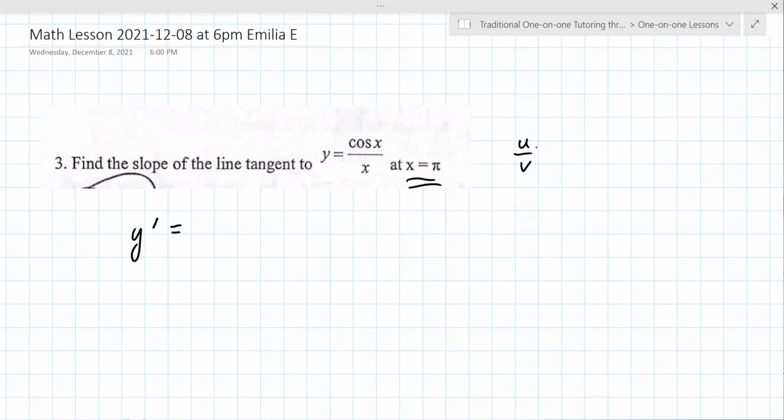The product rule, but then you put u over v, and I was like, isn't that quotient? Okay. Fine.